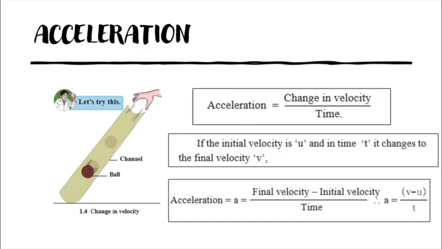This is the change in velocity from initial to final. So a is equal to v minus u upon t. This is called the acceleration.